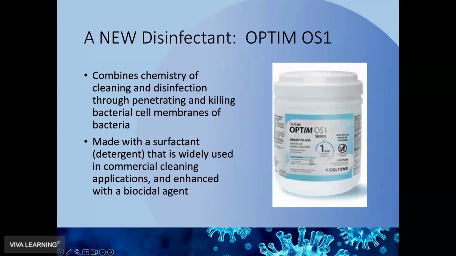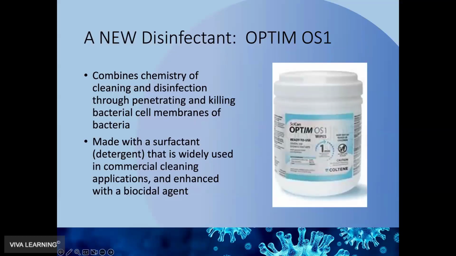Now there's a new kid on the block, a new disinfectant named Optim OS1, and I'm going to delve into this. This new disinfectant combines the chemistry of cleaning and disinfection through penetrating and killing the cell membranes of bacteria, and it's made with a detergent. Detergents are known as a surfactant.